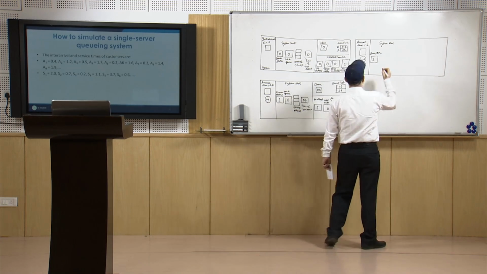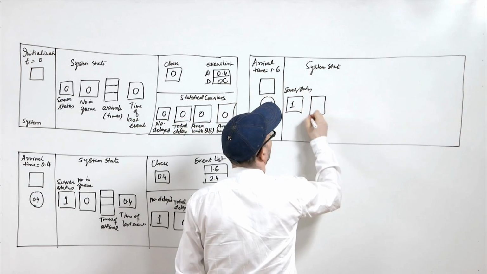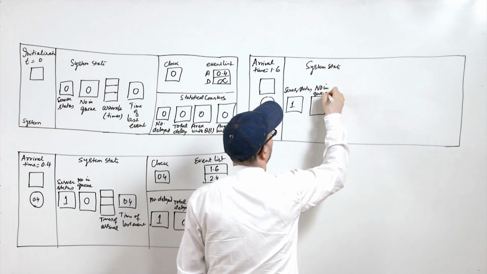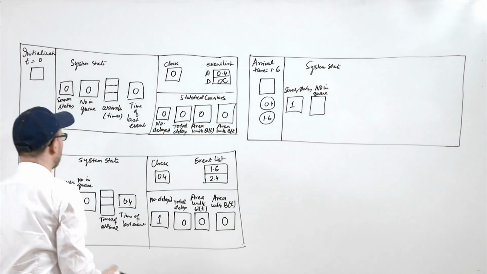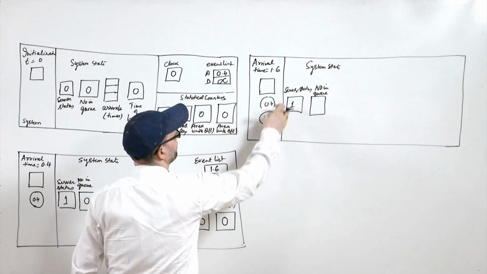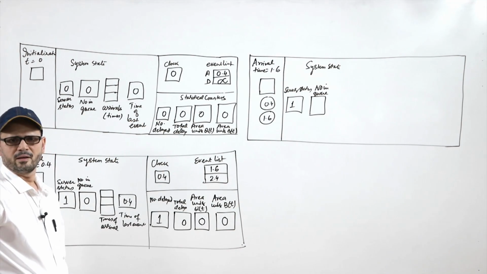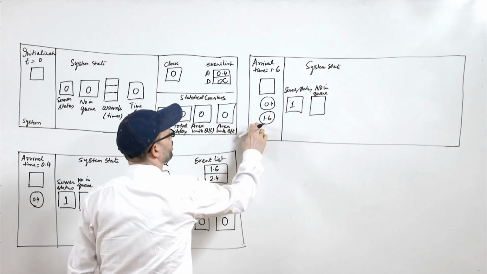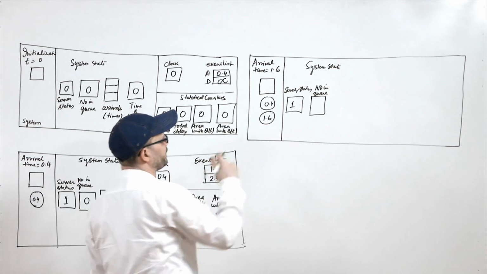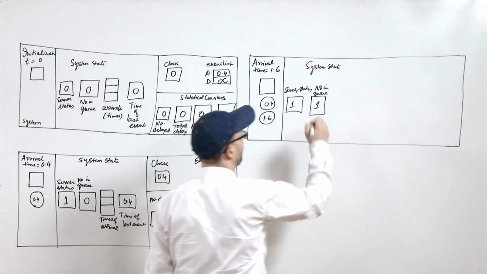Then you have the number in queue. It was 0 here because there was only one person in front of the server, who was getting the service. Now you have 2 customers in front of the server. So, this person is said to be in queue, not in service. That is why your number in queue is coming as 1.